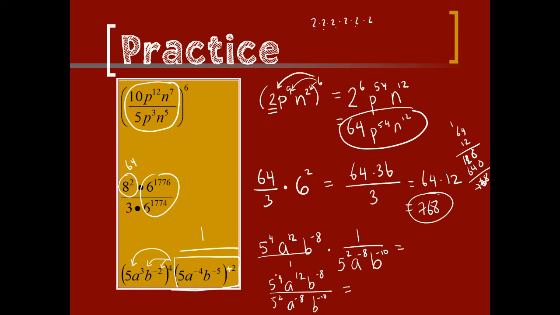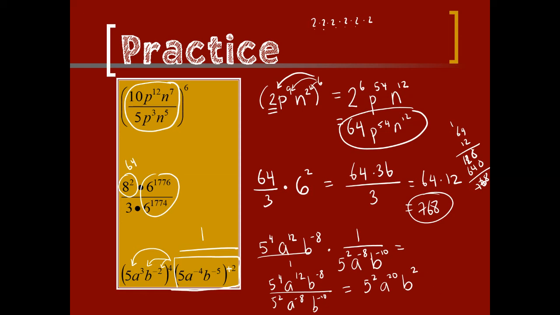And so if I were to write this whole thing out, focus in on the 5s: 5 to the 4th divided by 5 squared is going to be 5 squared. A to the 12th divided by a to the negative 8 is going to be a to the 20th. B to the negative 8 divided by b to the negative 10: negative 8 minus negative 10 is going to be what? 2.